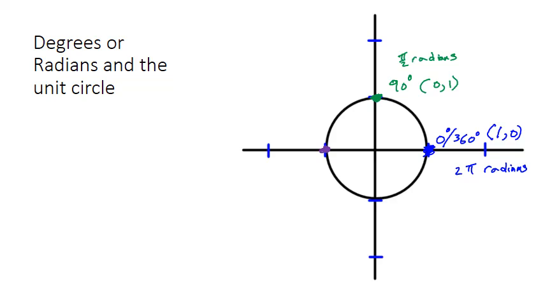This particular point here is 180 degrees. We know that its point would be -1, 0, and that 180 degrees is represented by pi radians.